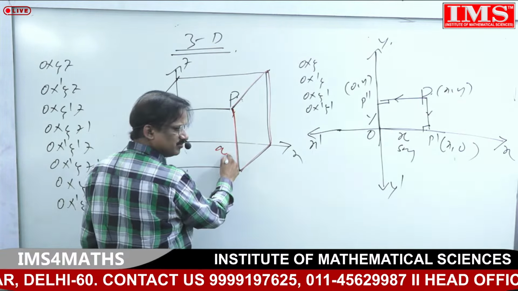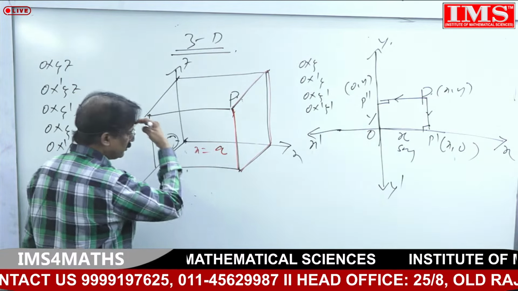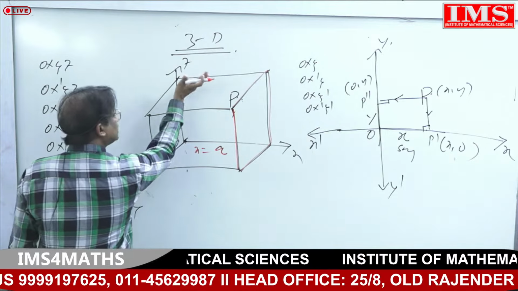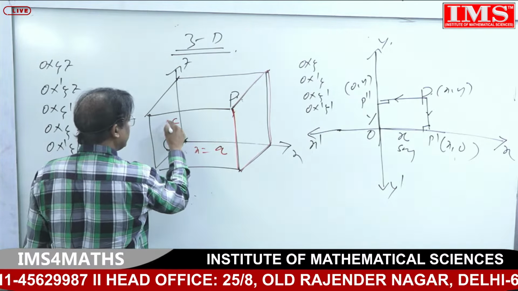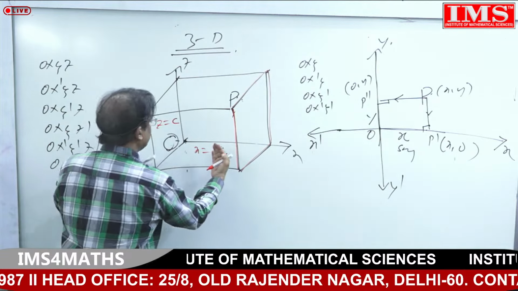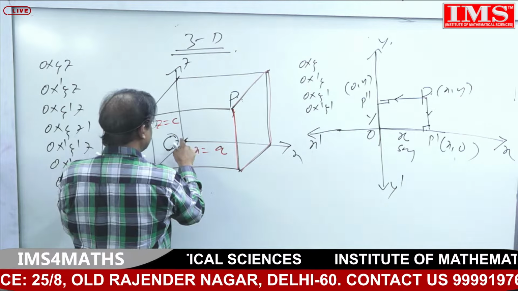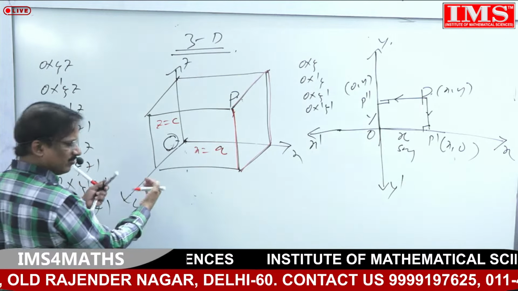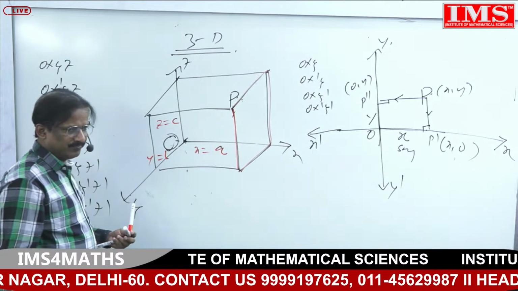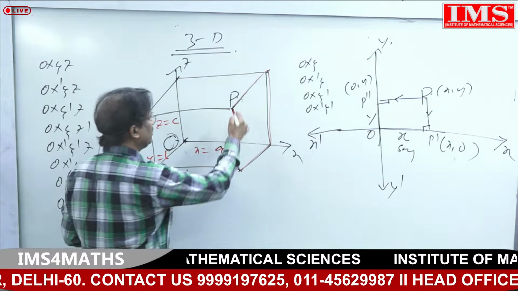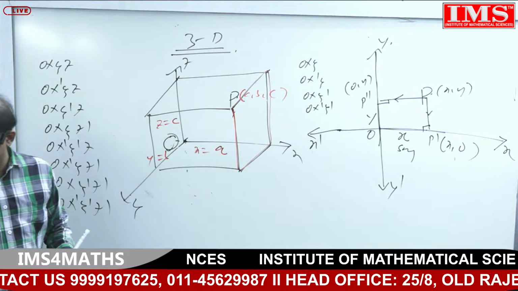Some A you assume, whose name is X equal to A. In the same pattern, from this plane to this point, some C, whose name is Z. From this point to this plane, B, whose name is Y. These lengths A, B, C are known as the coordinates of which point here?